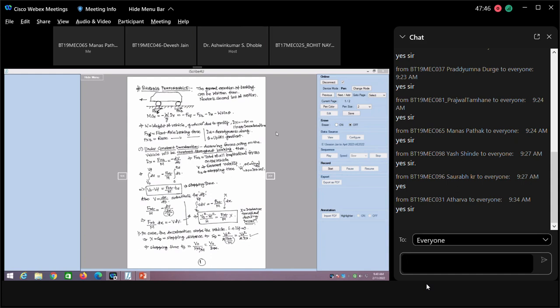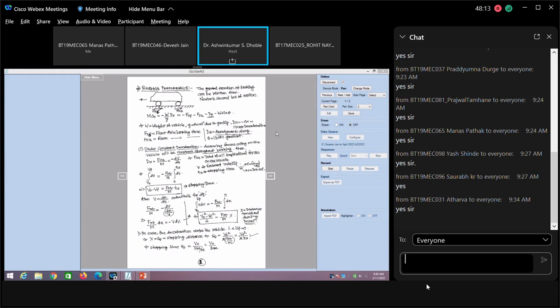Sir, mark one thing from here: this derivation is straightforward, we can do it at any point of time. This derivation is not a big deal, but the reason why we have taken this derivation is because please note that we have not considered the aerodynamic drag so far.